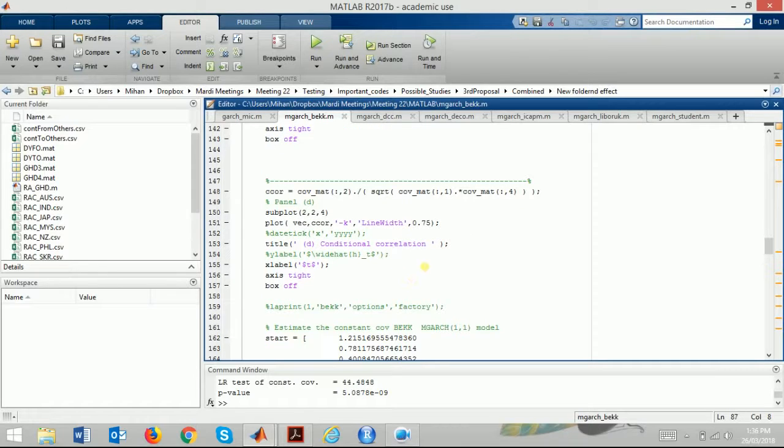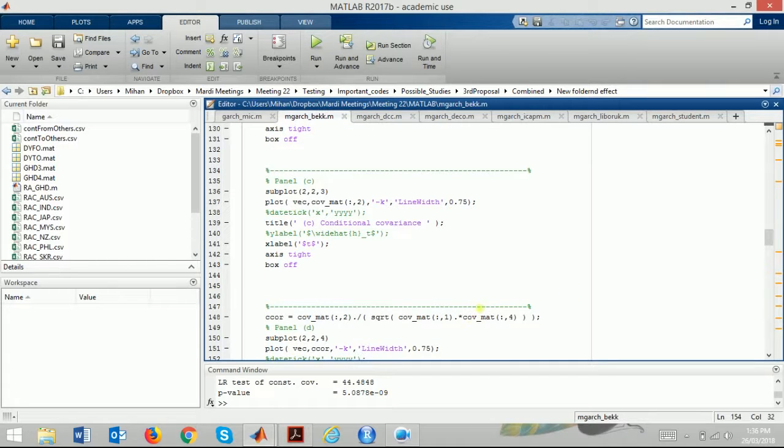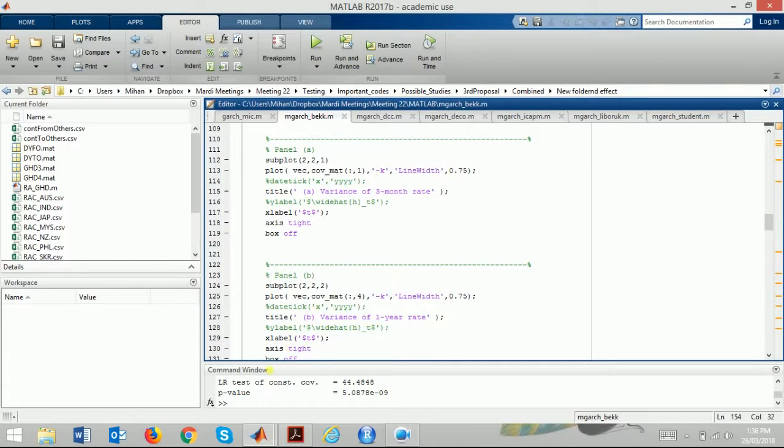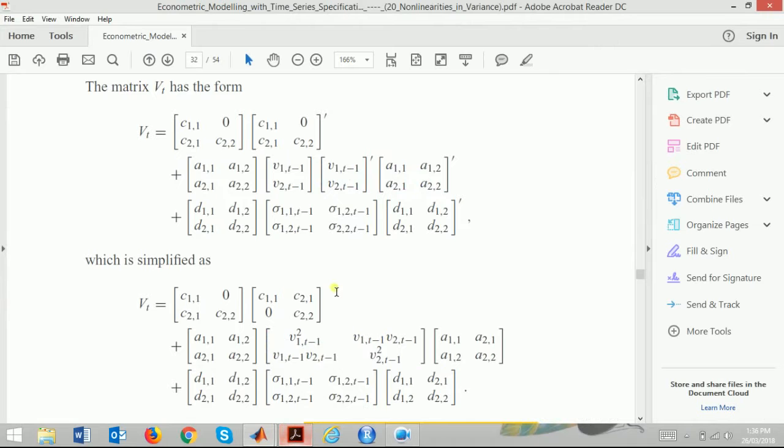No, the 4th column is correlation. And conditional correlation is estimated and plotted. Oh, great. So quite easy, simple.